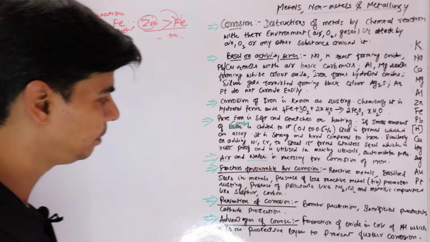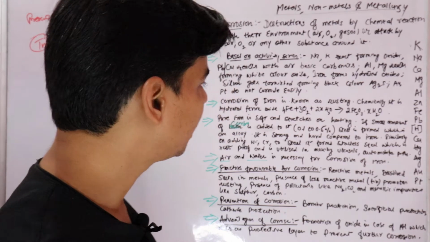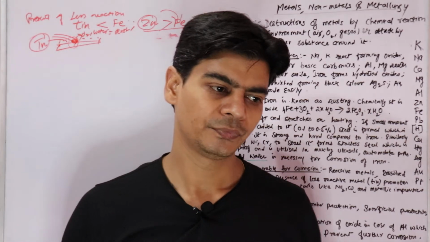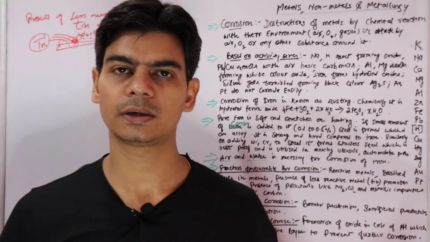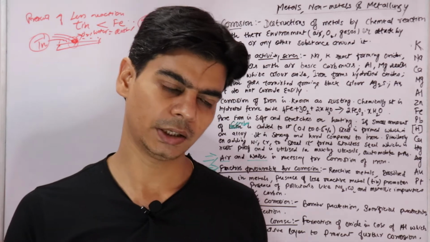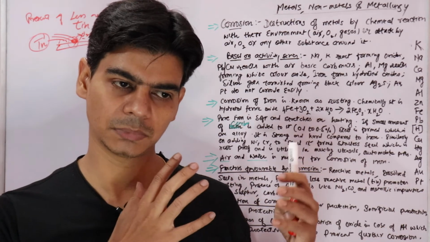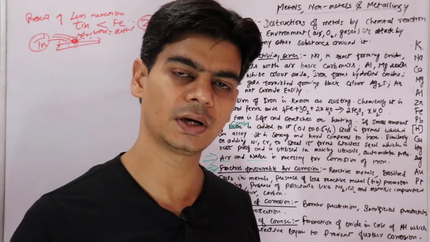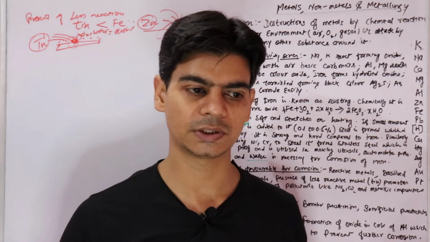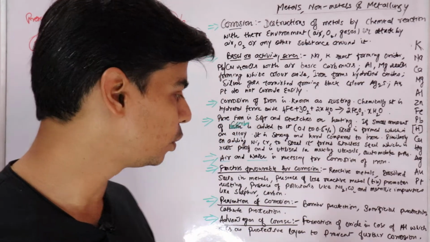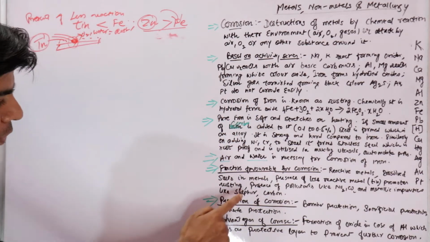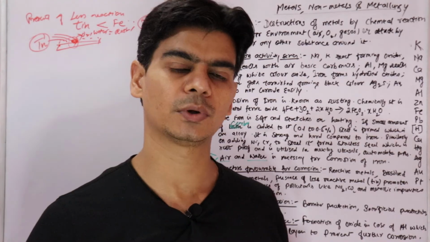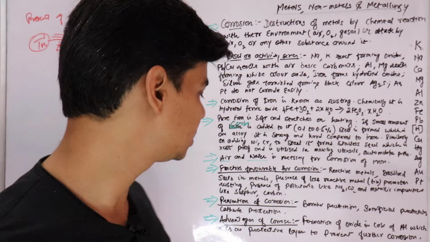And metallic impurities like carbon and sulfur: if a metal has carbon or sulfur as an impurity, then carbon and sulfur will also start reacting with oxygen present in air, and along with water vapor, they will form carbonates and sulfates, which will again promote corrosion. So impurities like sulfur and carbon will promote corrosion by reacting with the atmospheric oxygen and water vapor, forming carbonates and sulfates.